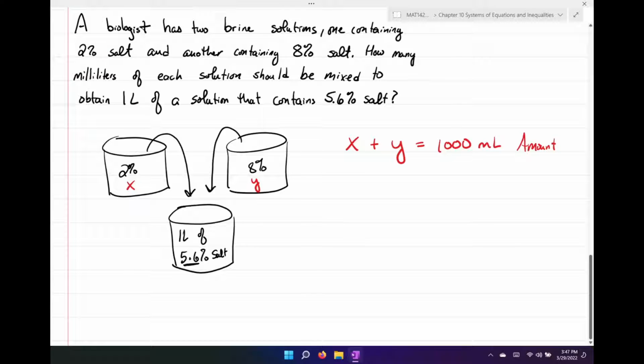Now, you have two variables, so you're going to need two equations. Our second equation is going to be the percentage or constraint equation, and I'll write that in a second. But here's what we know.